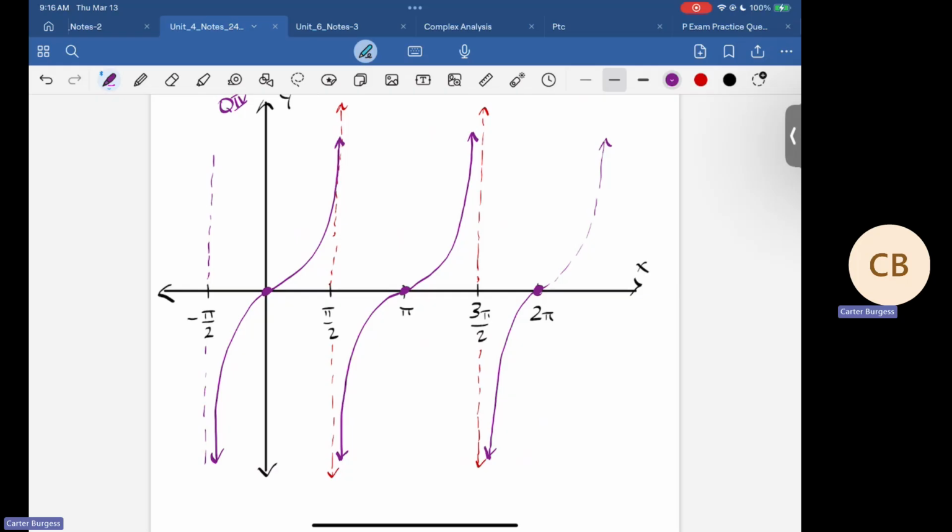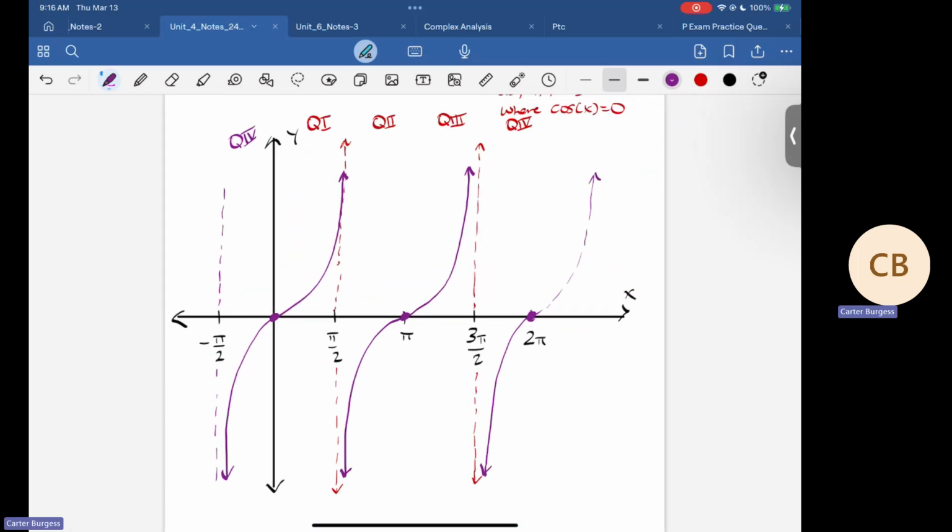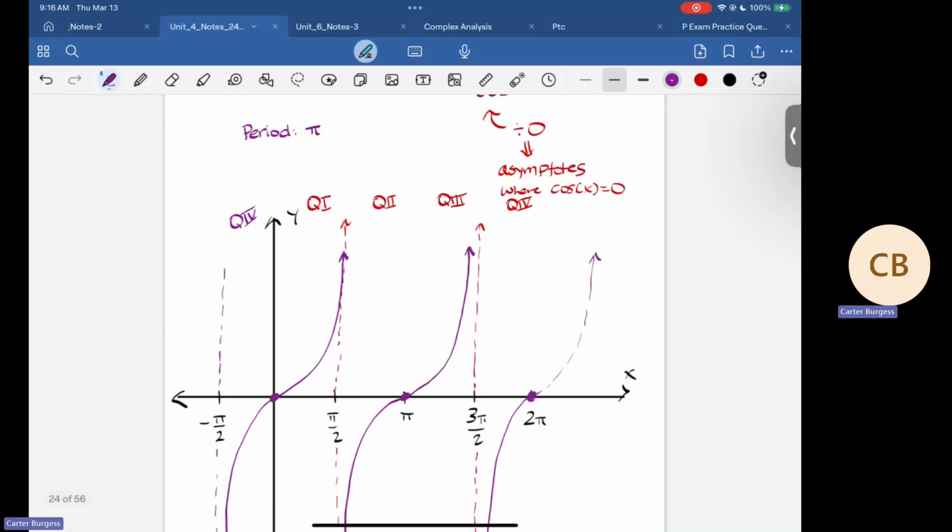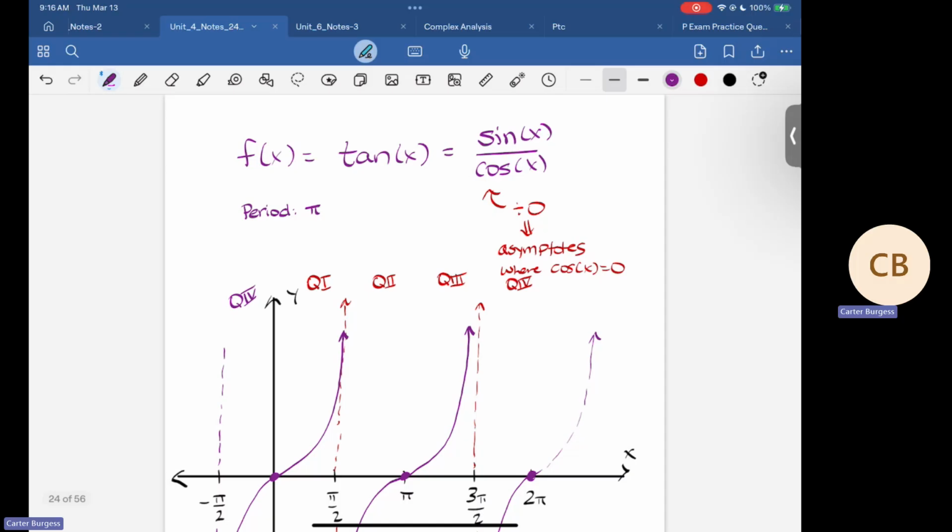we want to make sure that we're going from asymptote to asymptote. We want to start at an asymptote. We want to end at an asymptote. Any two could work. Conventionally, though, for the x values that we care about, we're going to start at negative pi over 2. We're going to look at what's going on at 0, and then we're going to look at what's going on at pi over 2, and that takes us to asymptote, midline, asymptote.